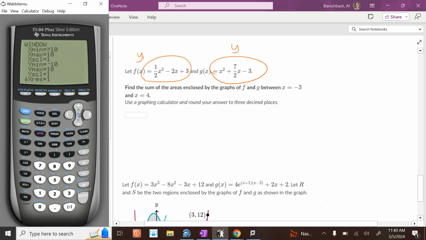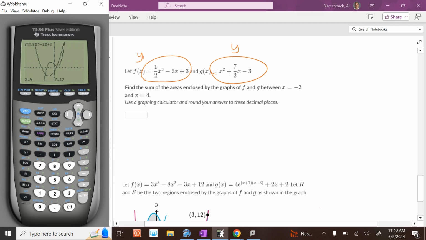So I'll change my window slightly. I'll have to change my Y max to like 20. And they cross right up there somewhere. So if I trace to 4, they cross at 27.